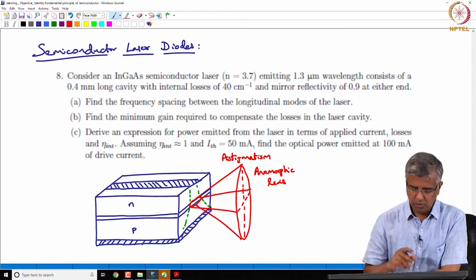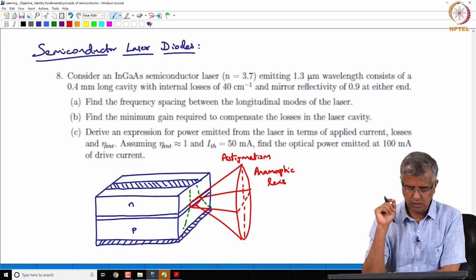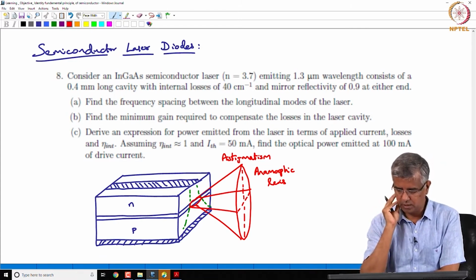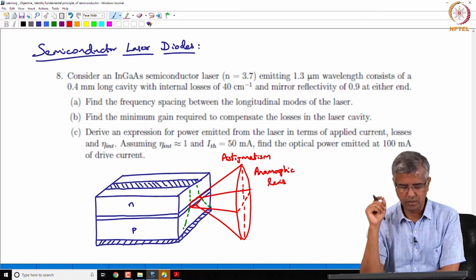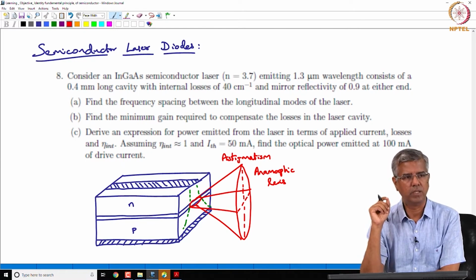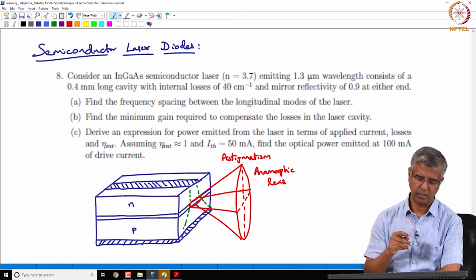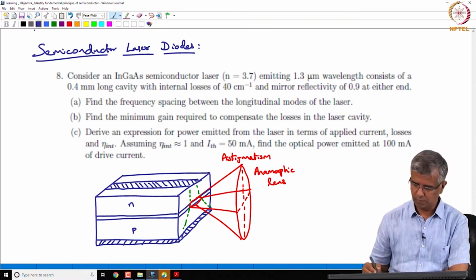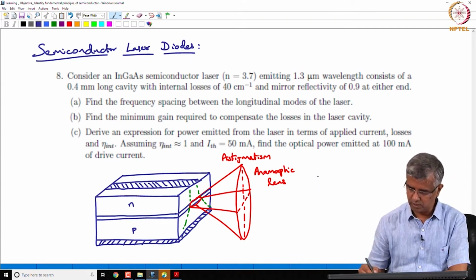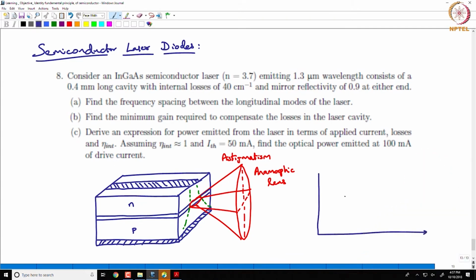But anyway, coming back to answering this question, we first of all need to understand what gain we are able to achieve as a function of the injection current. So let us try to look into that, first looking at the gain as a function of injection current for different energies of light that is emitted.